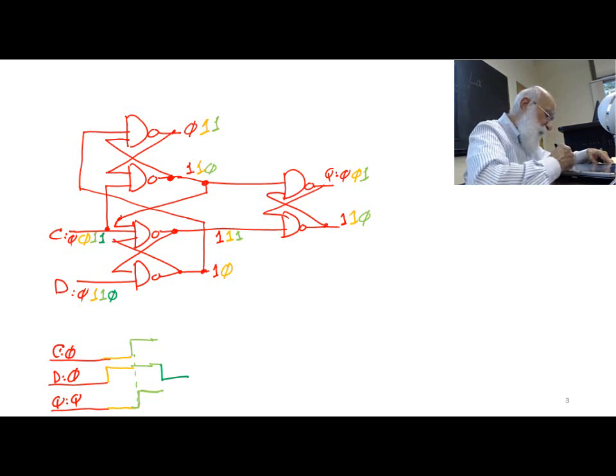Let's see. I did not write down the previous values, so there is a 1, actually it didn't change, so that's a 0 there, and a 0 here is a 1 here.